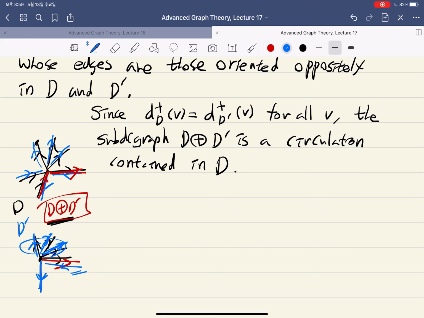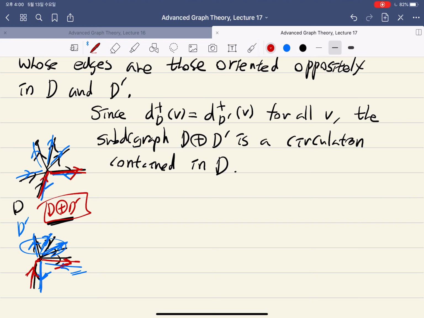That means there must be this 1 outgoing edge which doesn't coincide with D, meaning that this must be an incoming edge in D. So it gives us an incoming edge in this red graph as well. So as long as you have 1 outgoing edge, you have an incoming edge. By the same logic, as long as you have 1 incoming edge, you have 1 outgoing edge.